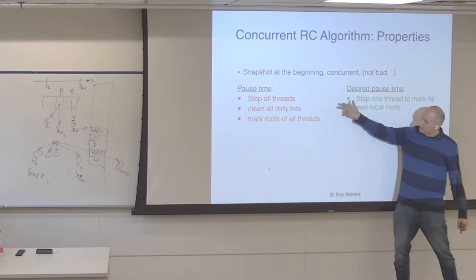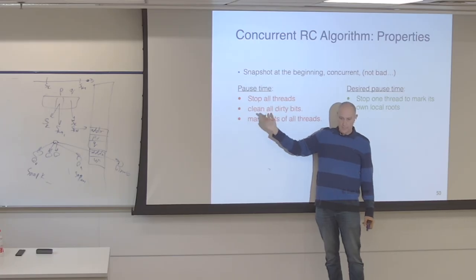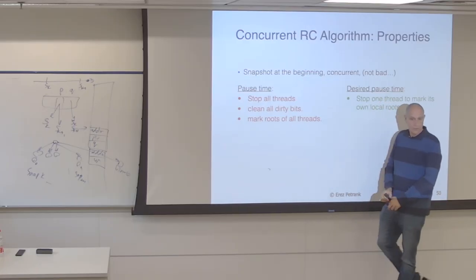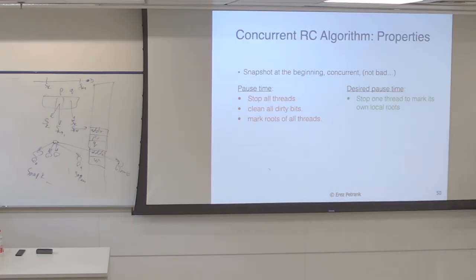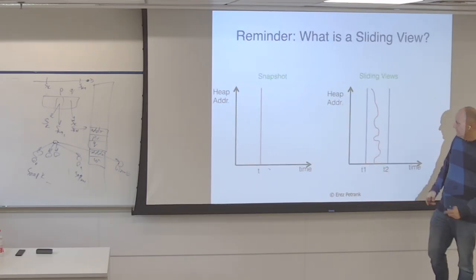then you want to really do each of it in a handshake, so that each thread will stop in its own time and maybe mark its roots or start the write barrier or do these things. And so if you want to do that, you can use the sliding views.